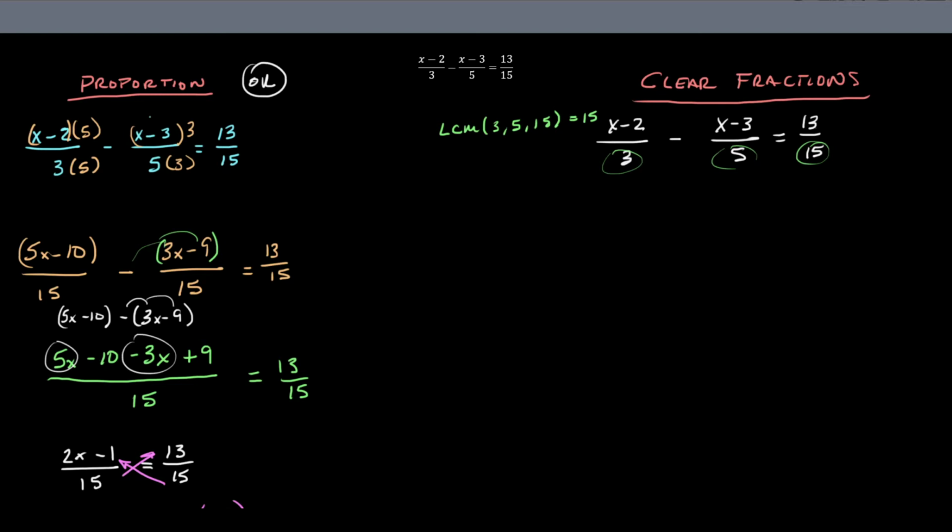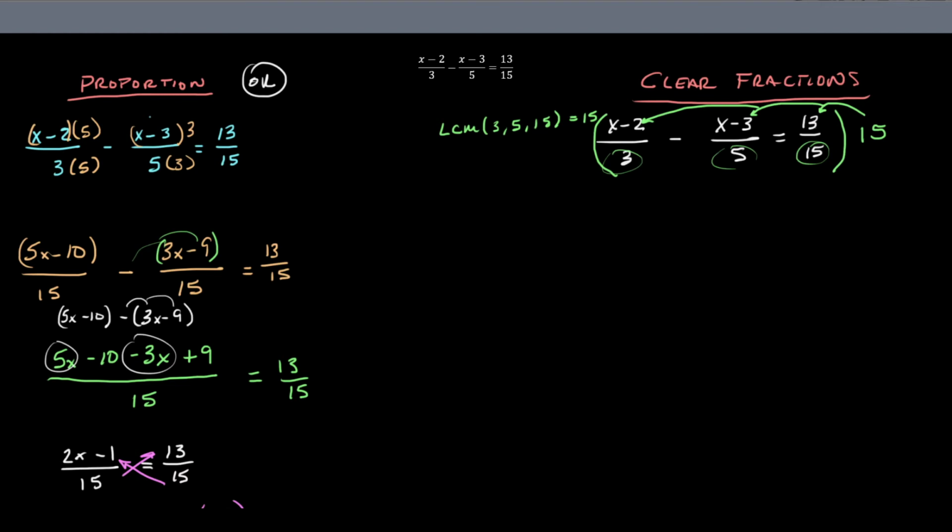I try to tell you right off the bat why I'm choosing what I'm choosing. If you multiply through by the least common multiple, then that guarantees, because this 15 is coming into the numerator of each, that each one of the denominators will be a factor of this and therefore cancel out. It is a guarantee. You're forcing the issue.